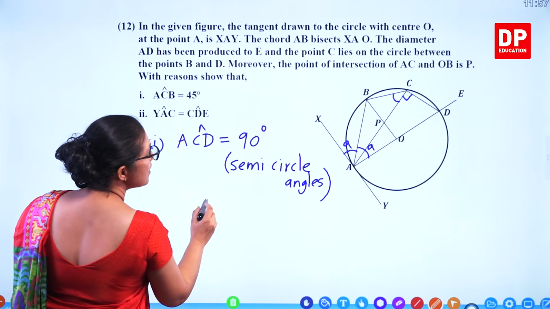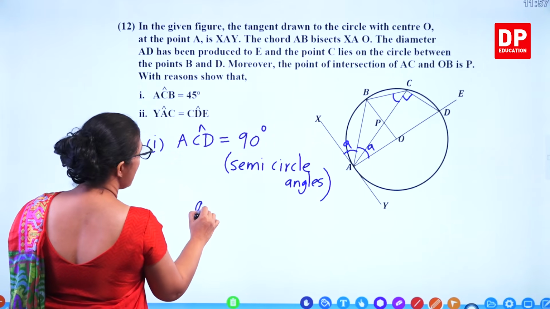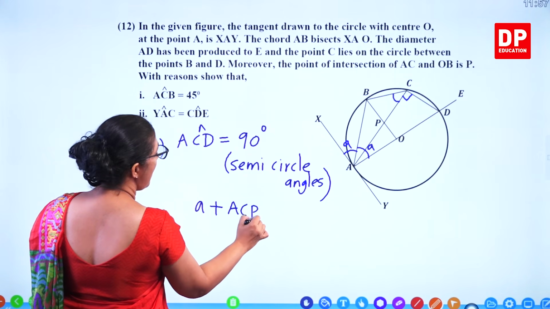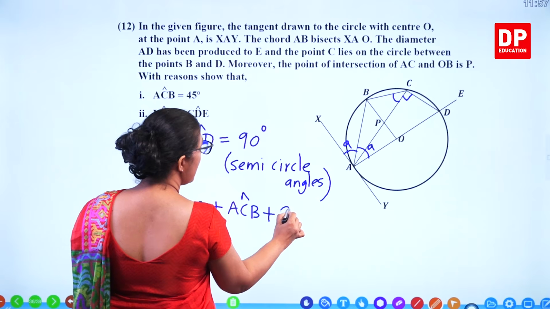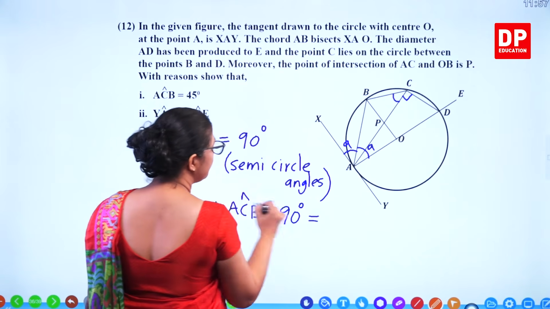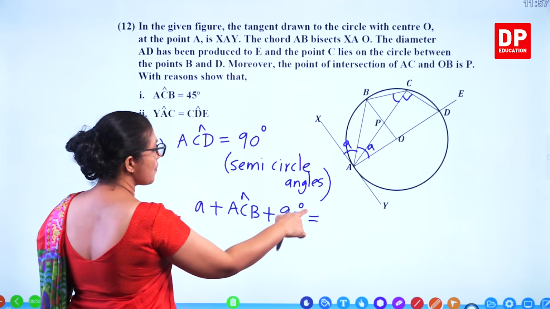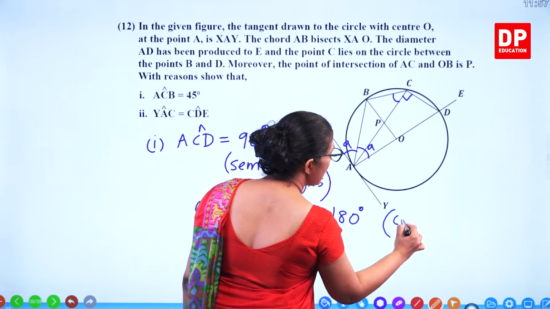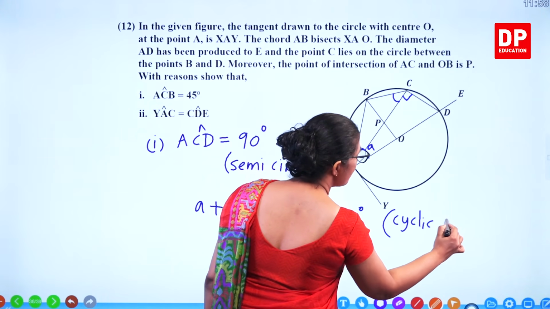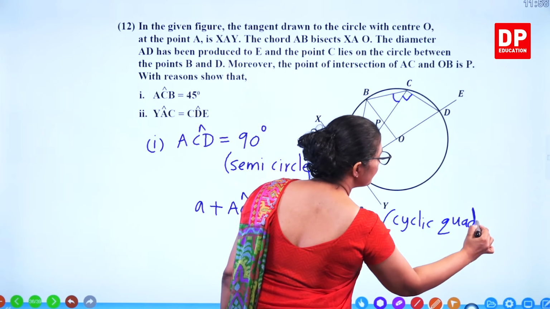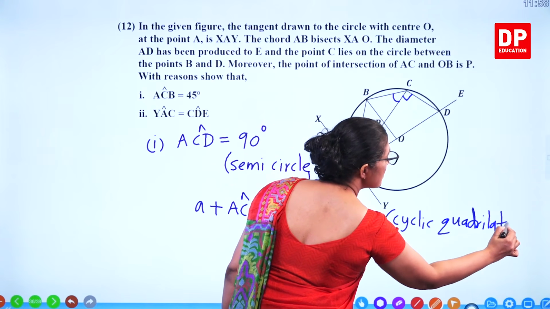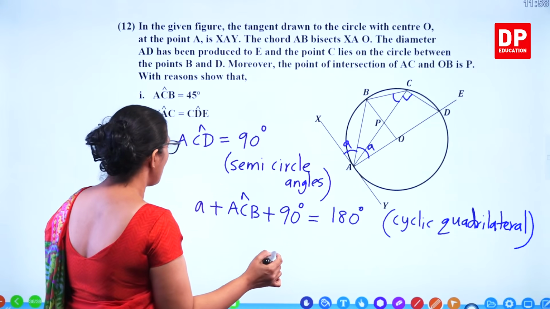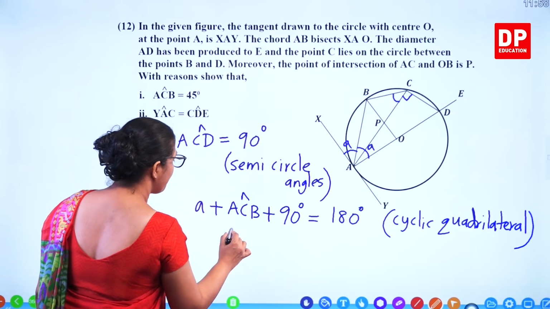We can write A plus angle ACB plus 90 is 180, because of cyclic quadrilateral: opposite angles add up to 180.